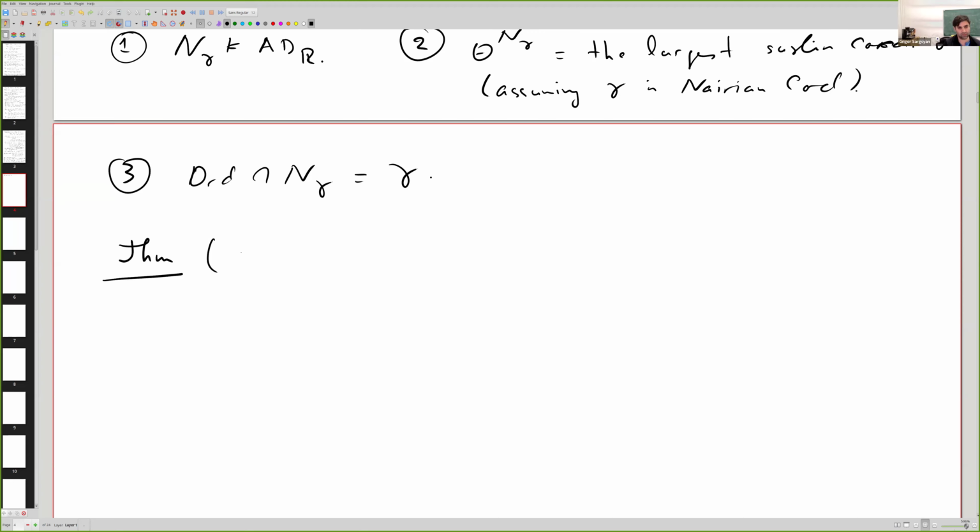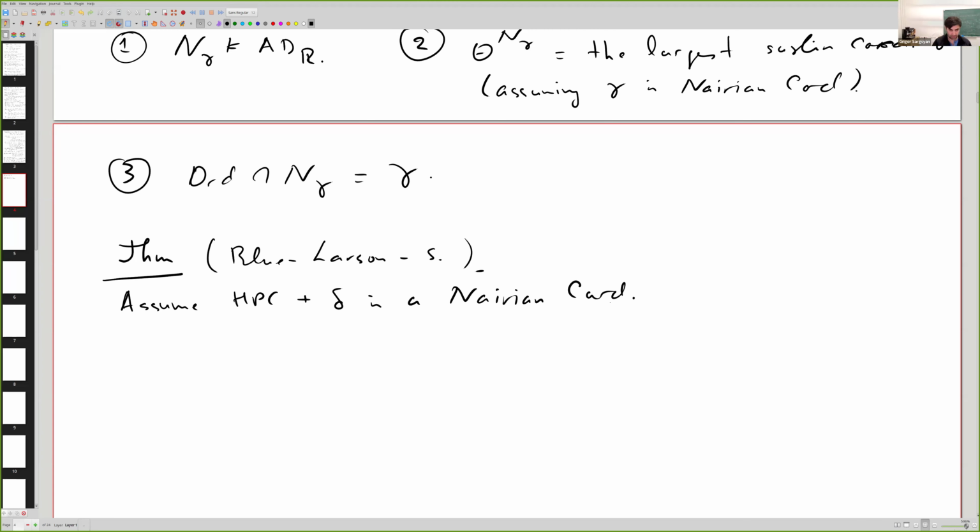Suppose we assume HBC plus delta is a Nairian cardinal, not full. Whether a full Nairian cardinal is even consistent, we don't know.